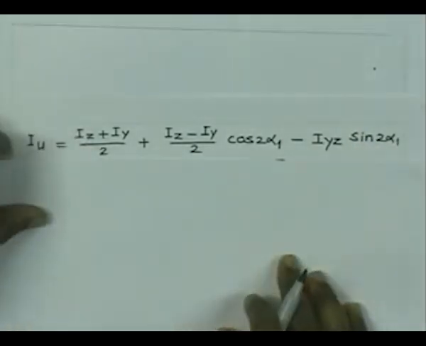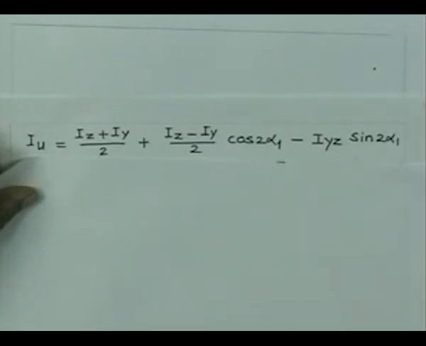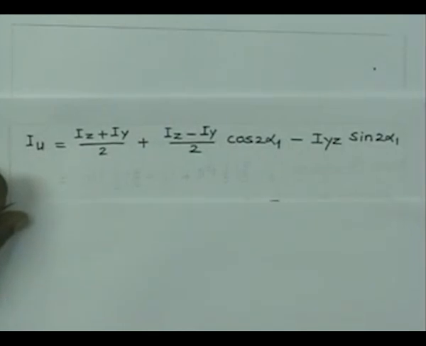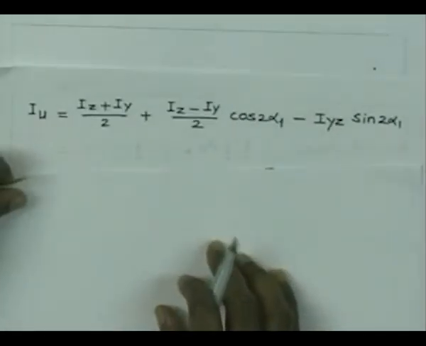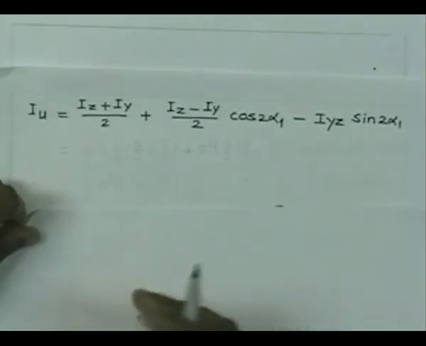So, that is the formula we derived. It is a question of just substituting 2 alpha 1 as 45 degree. Once you do that, you finally get the values. I will not go through the intermediate steps, I will give you directly the value here.